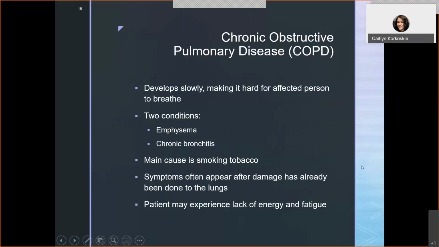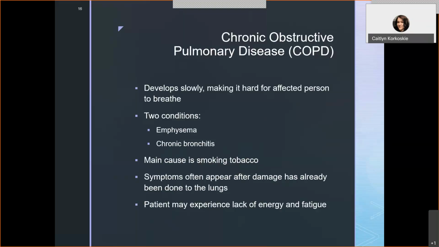All right, so COPD. Asthma can come with certain flare-ups, whereas COPD is something someone has basically all the time, where they have that restricted airflow. There are two different types: emphysema and chronic bronchitis, which cause chronic obstructive pulmonary disease.